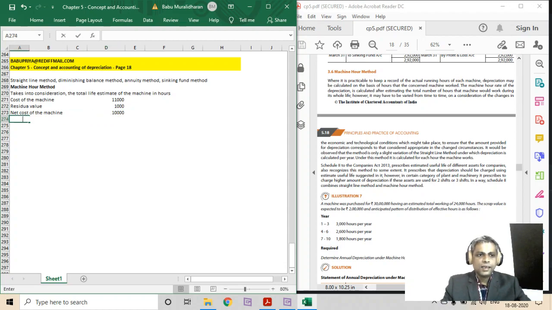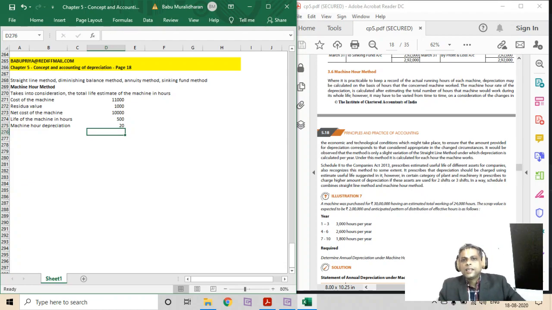And the life of the machine in hours, let's say the machine can run 500 hours. That's the total life of the machine. So machine hour depreciation is equal to 10,000 divided by 500. So every hour the machine runs, 20 rupees will be charged as depreciation.